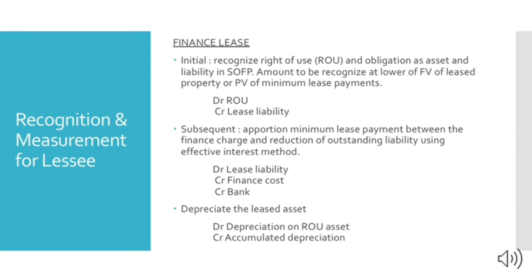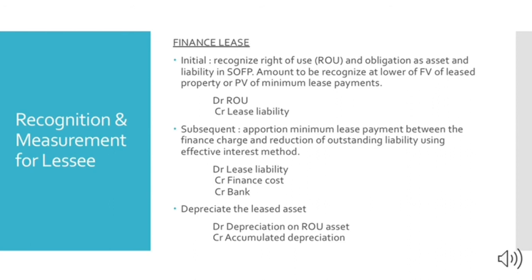And the amount to be recognized is at lower of fair value of lease property or the present value of minimum lease payment. So the recording will be debit right of use of lease asset and credit lease liability.